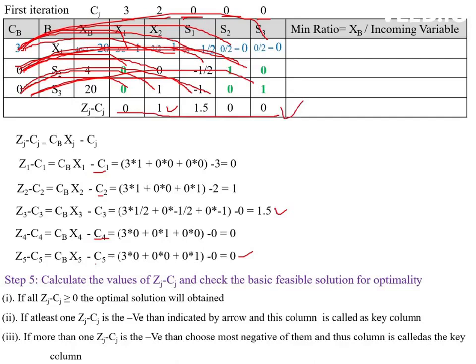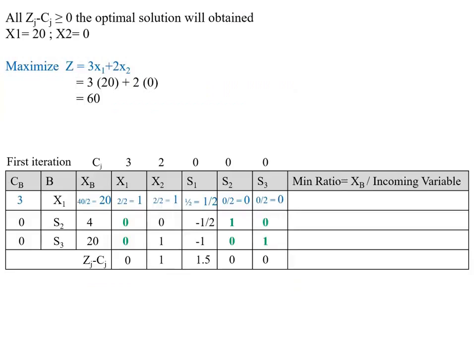So all the Zj minus Cj values are greater than or equal to 0, and then we obtain the optimal solution. After getting the non-negative Zj minus Cj values, we observe the xb values for the decision variables.